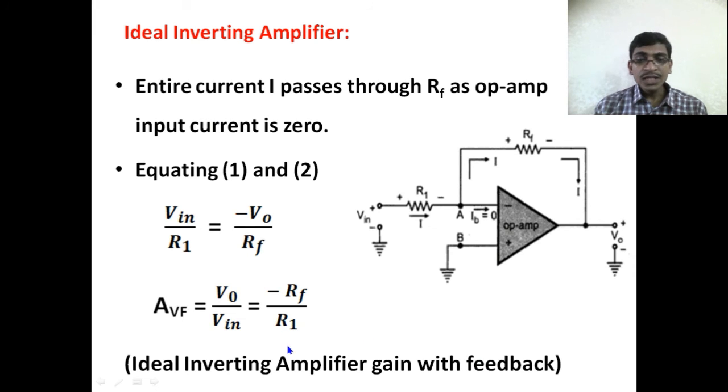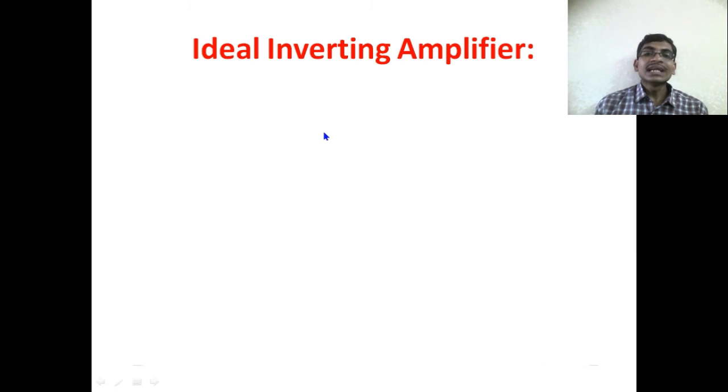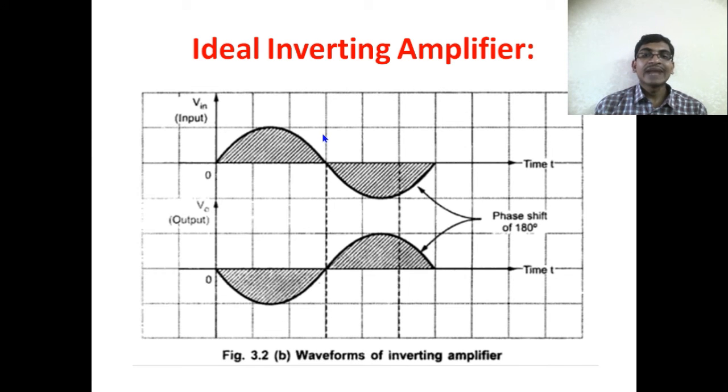When we use the feedback section, the gain of the ideal inverting amplifier is minus RF by R1. So let us see the ideal inverting amplifier input and output waveforms. This is the input sinusoidal waveform for our ideal inverting amplifier, and this is the output waveform.